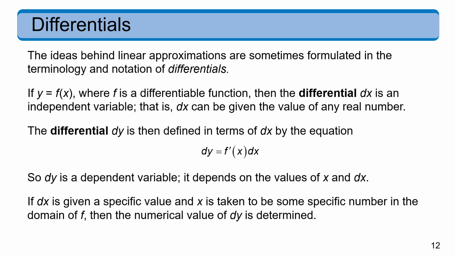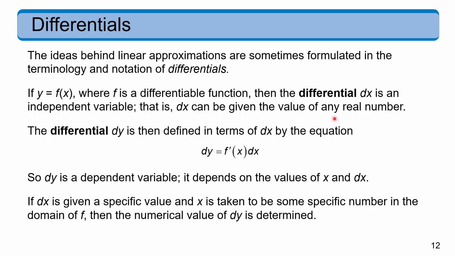So we start off with the function f of x, and we define the two differentials. One is for x, we call it dx, and the other is for y, we call it dy. So let's start with the differential dx. We're going to consider it an independent variable, which means you can choose whatever number you want for dx.